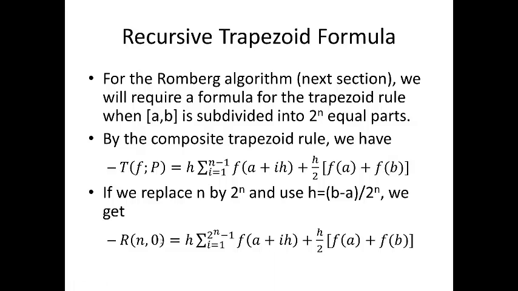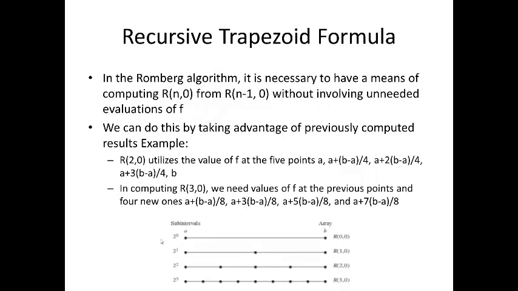This will look similar to the differentiation that we did last time, and we're going to use that again in section 5.2. Basically it denotes the result of applying the composite trapezoid rule with 2 to the n equal subintervals. In the Romberg algorithm, it's necessary to have a means of computing R(n, 0) from R(n minus 1, 0) without involving unneeded computations or evaluations of f, because that's going to slow us down.